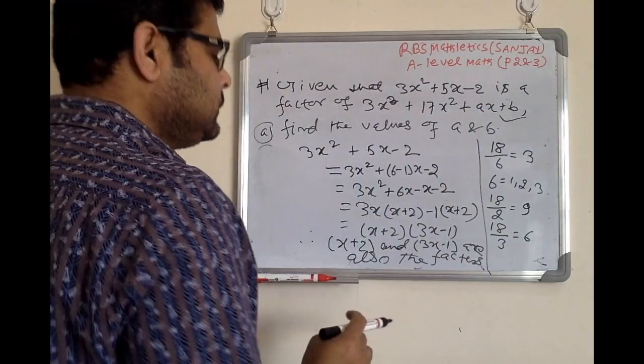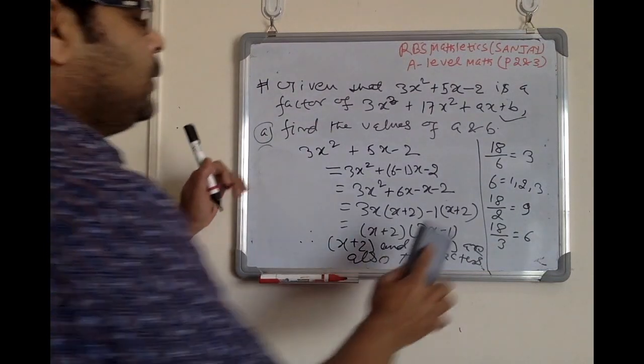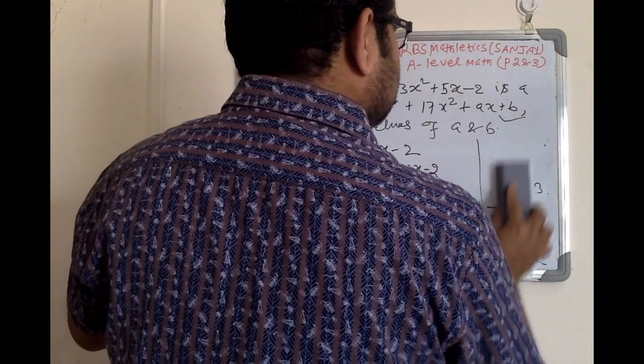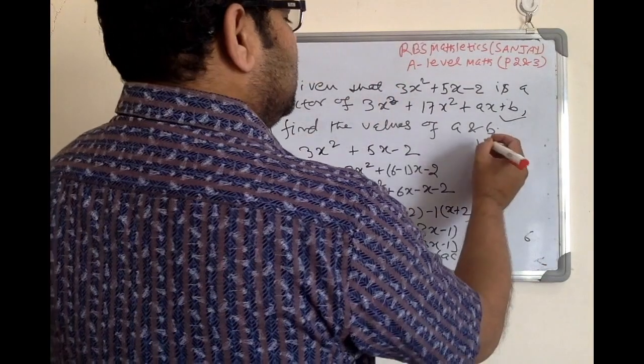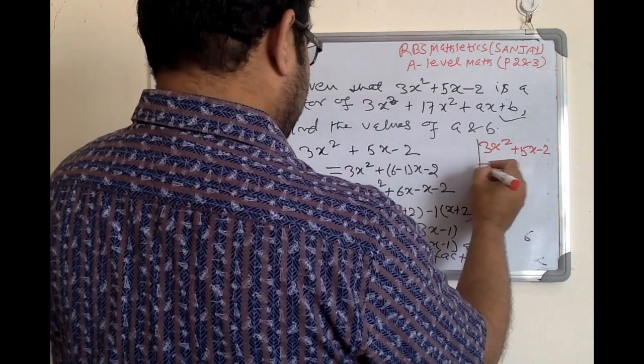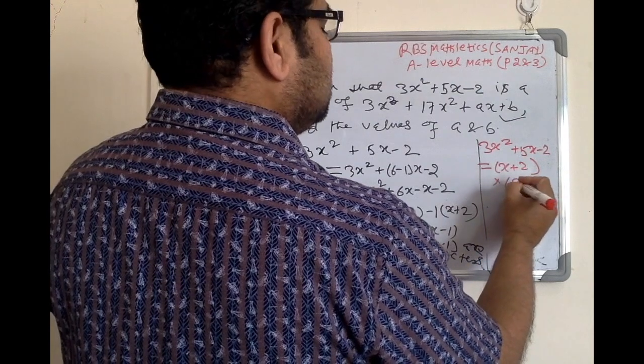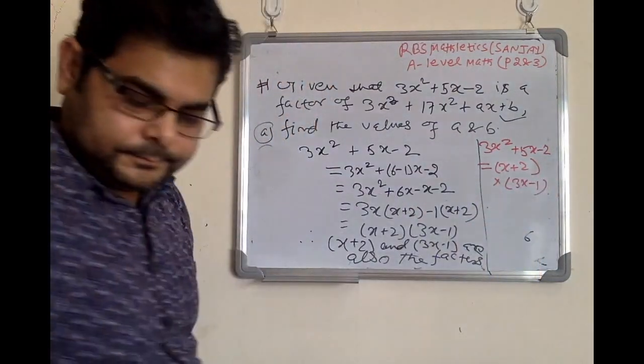Alright. Now we note that 3x squared plus 5x minus 2 has one factor as x plus 2 and another factor as 3x minus 1.